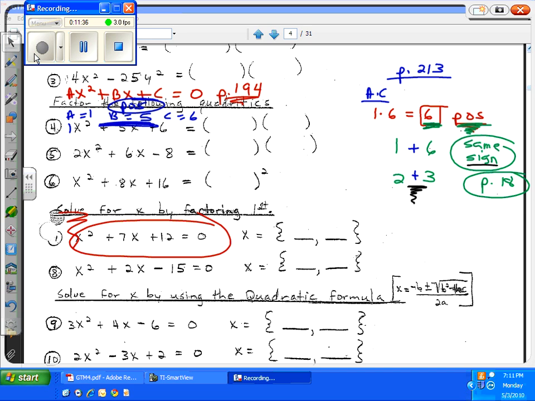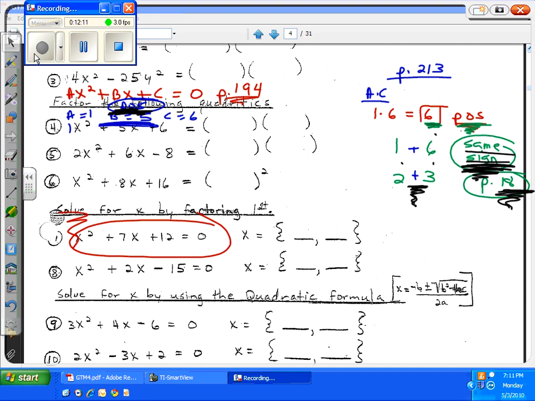When you add or subtract with the same sign, page 18 says you add and take the common sign, which needs to be the sign of B, which is positive. So these need to be the same sign and positive. So it's a positive 1, positive 6, positive 2, positive 3.